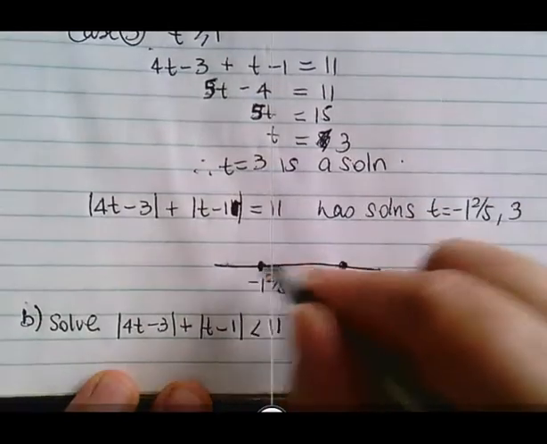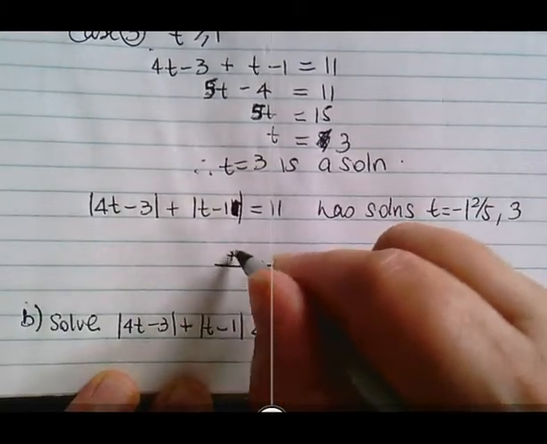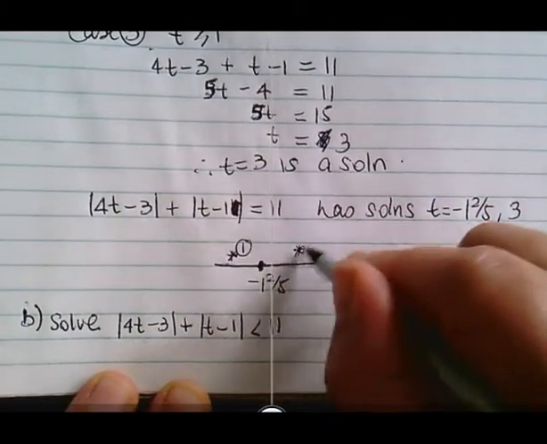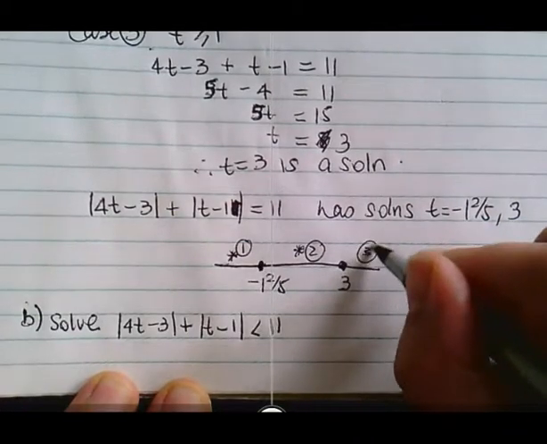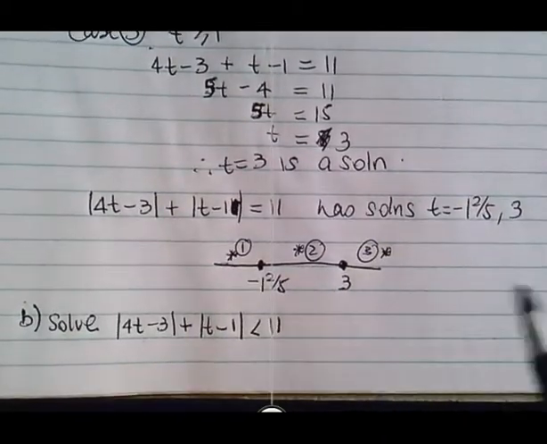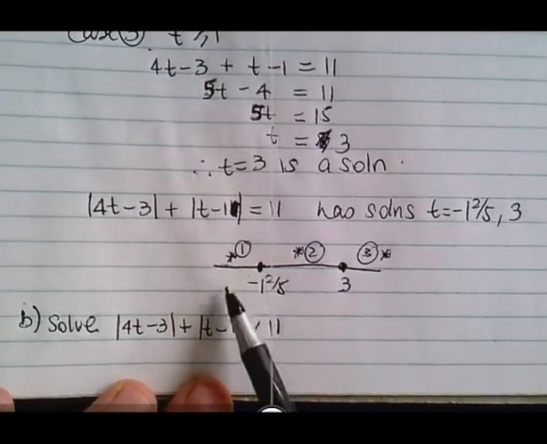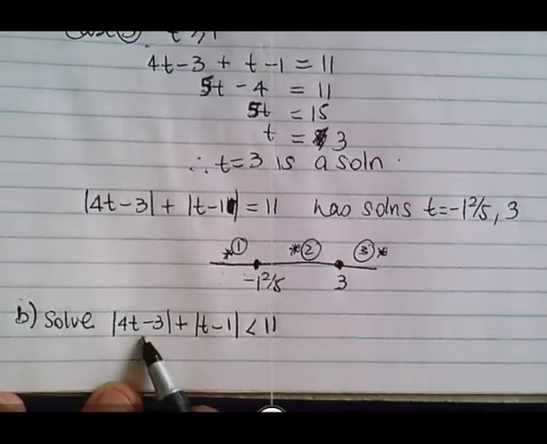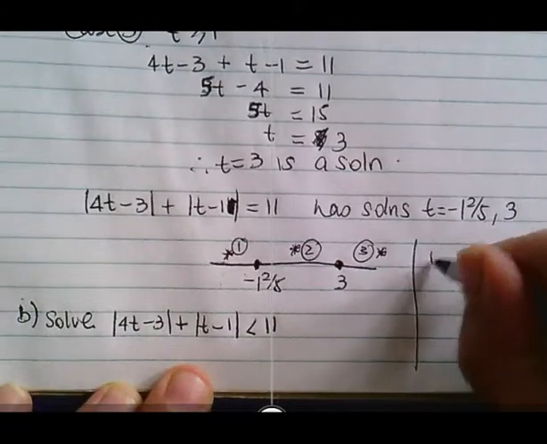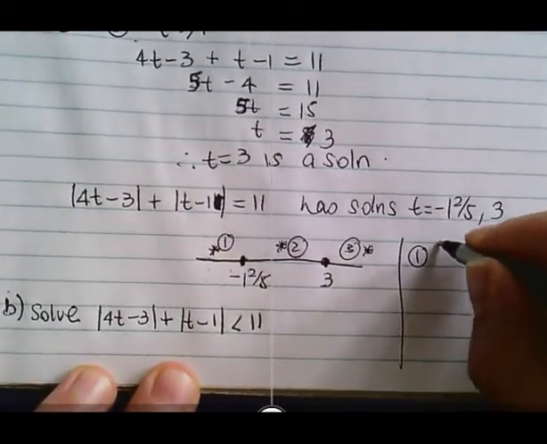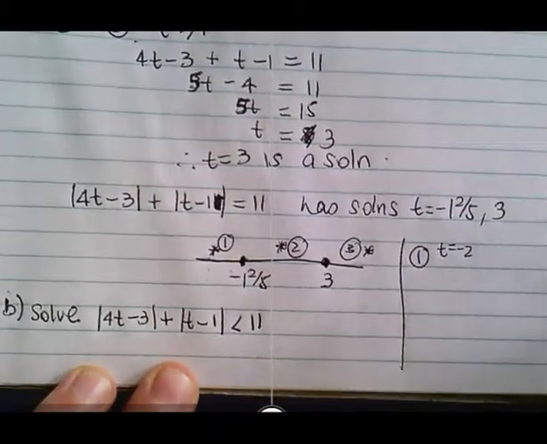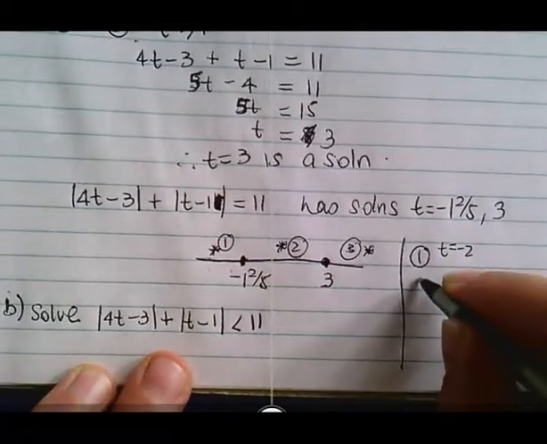Now, again, let's try a value here, a value in between there, and a value in between here. What value of t could I use? Negative 2? Let's try it. If t is negative 2, I'm going to try in region 1. What would I get?